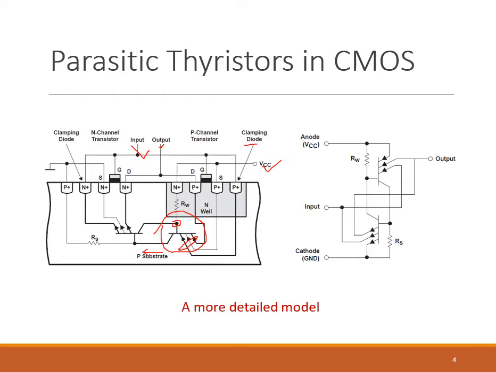That will cause the triggering of this NPN transistor, and again the current will flow through the collector of this transistor that will trigger this PNP transistor again. So this process is cumulative and self-sustained. So a latch is created between these two transistors, and the current is self-sustained.